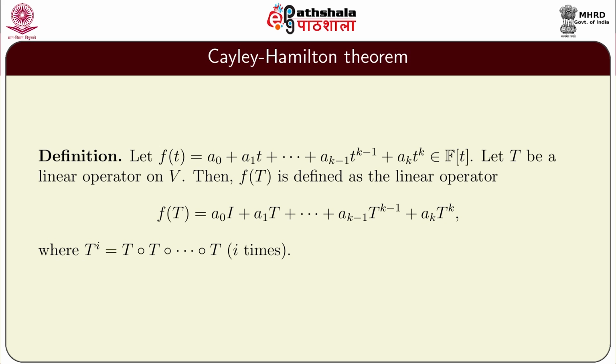I denotes the identity operator and T to the power i denotes composition of T i times, and it is very easy to verify that f of T is also a linear operator on the vector space V.